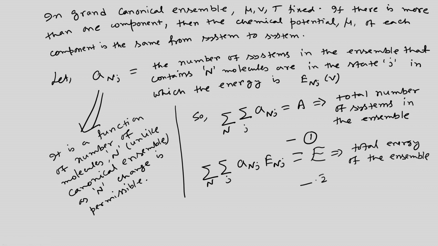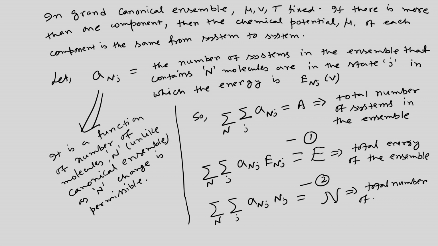This is our constant number 2. And we have sum over n, sum over j, A n j times n gives N. This is the total number of particles or total number of molecules in the ensemble.